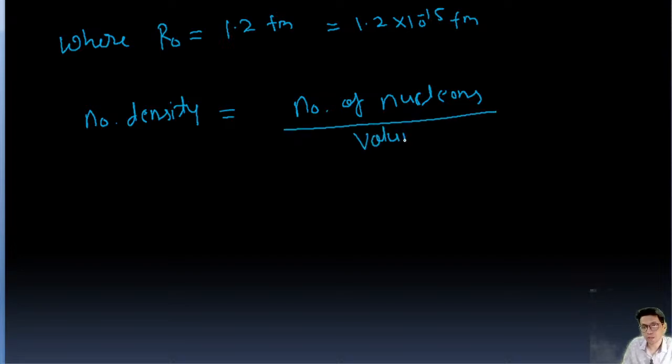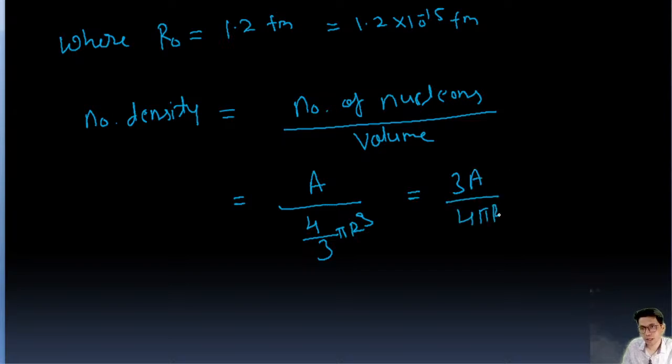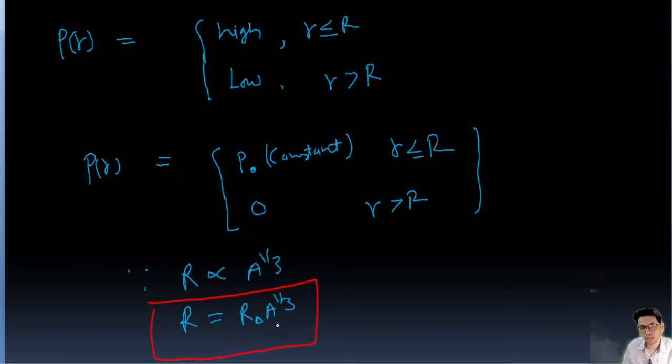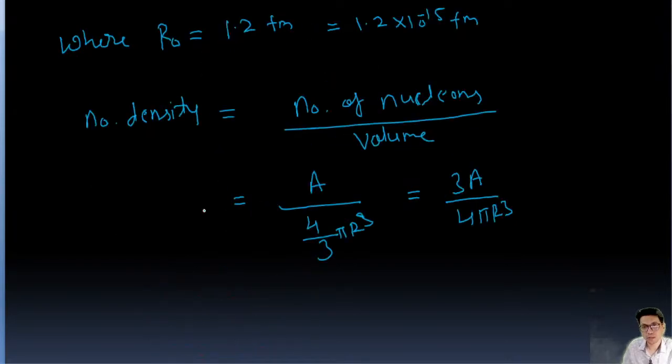The number of nucleons is the atomic mass number A, upon volume, which is 4/3 π R³, or we can write 3A upon 4π R³. The R value is R naught A to the power 1/3, so we'll put the value.